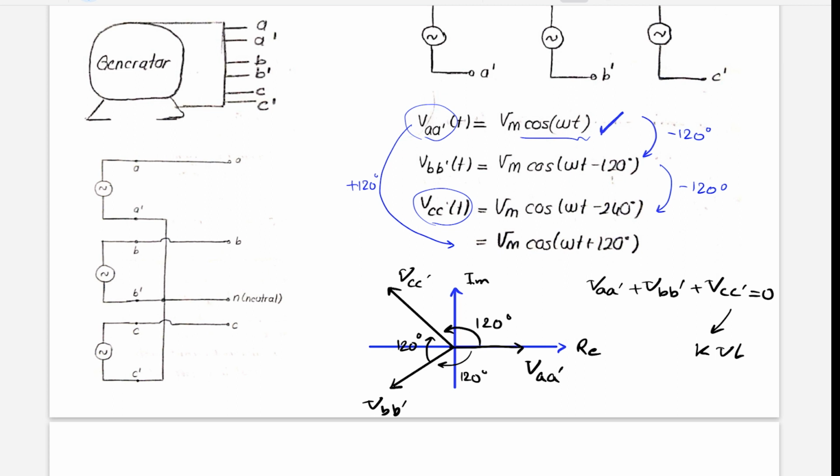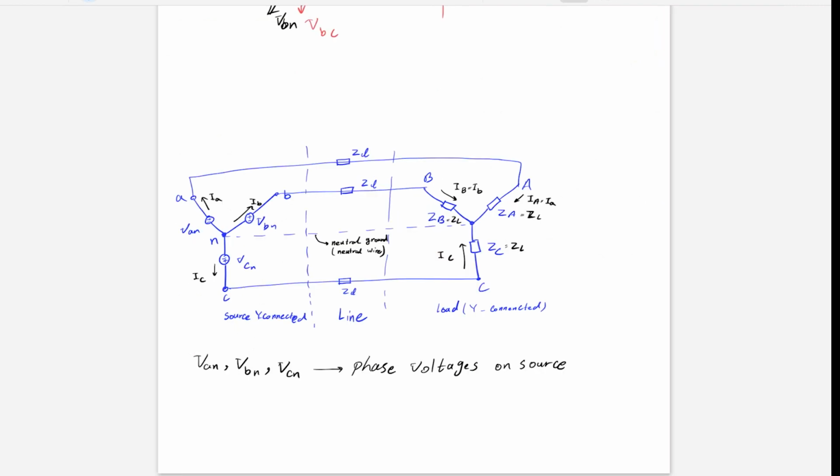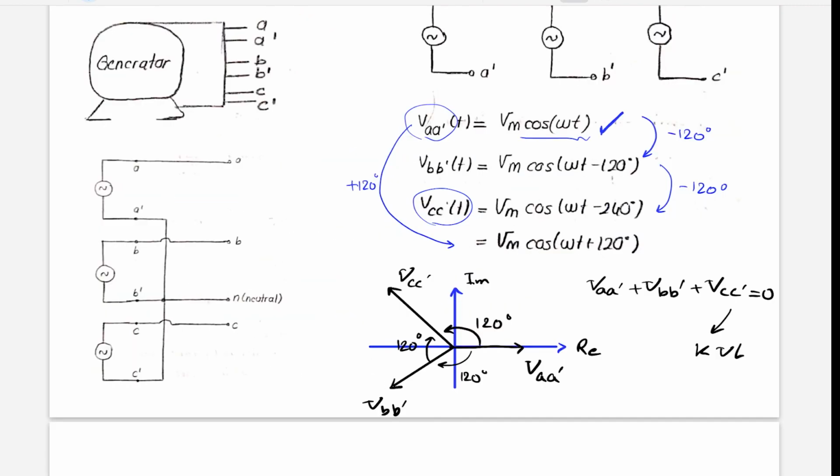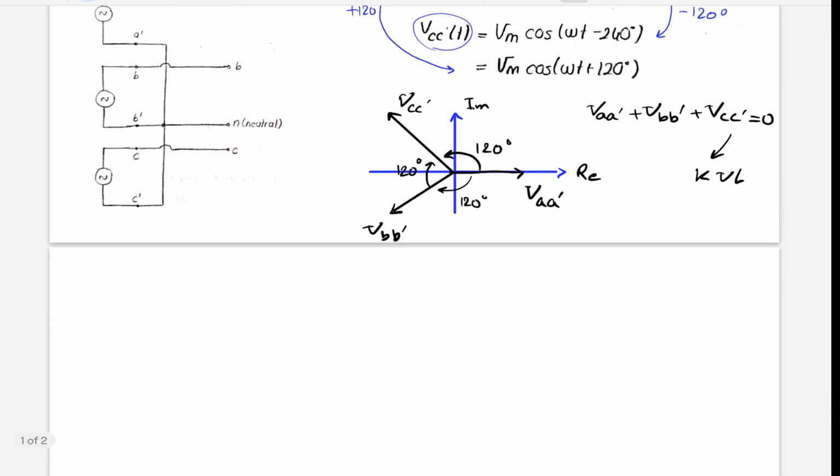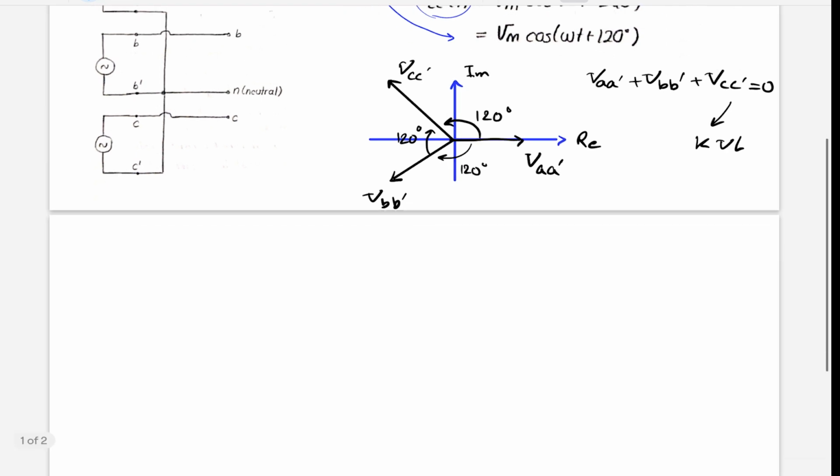Now, in the Y connection, which means our generator is in the form of Y, this will be our schematic. So we can say B prime, C prime, and A prime are at the node N. Okay, now, what do I mean by saying that?